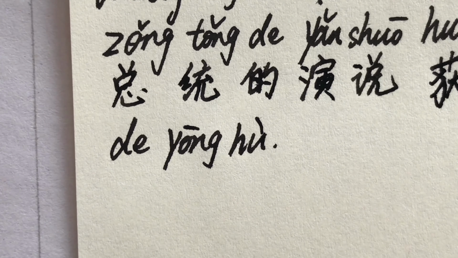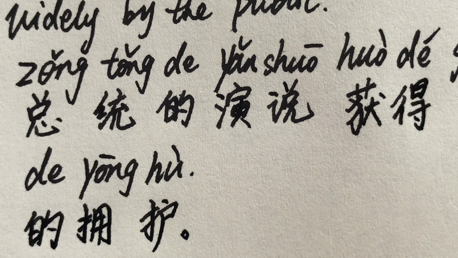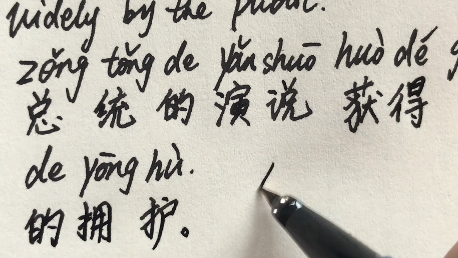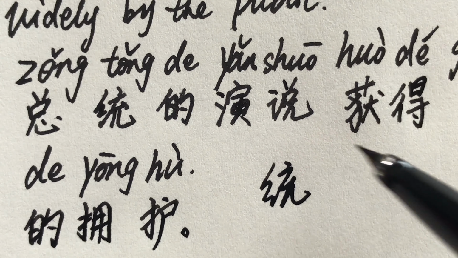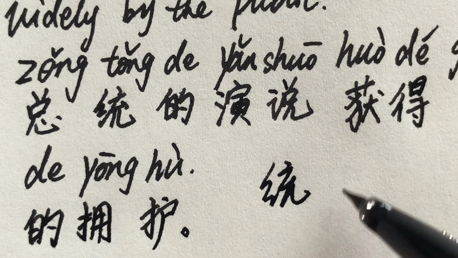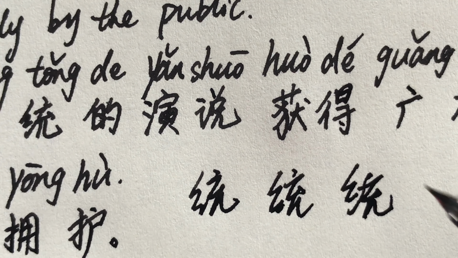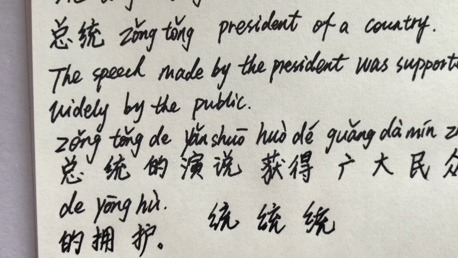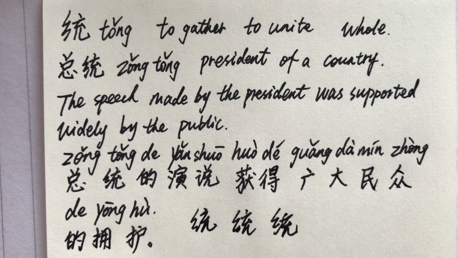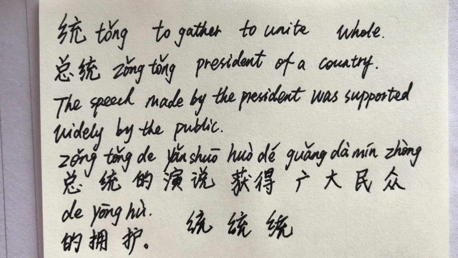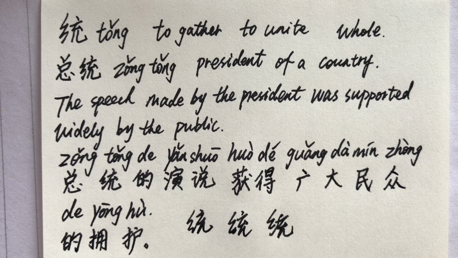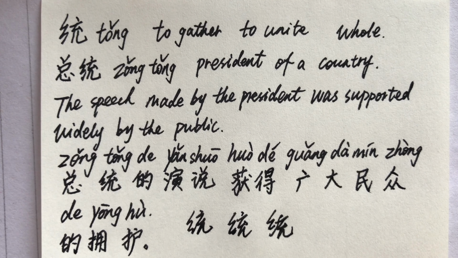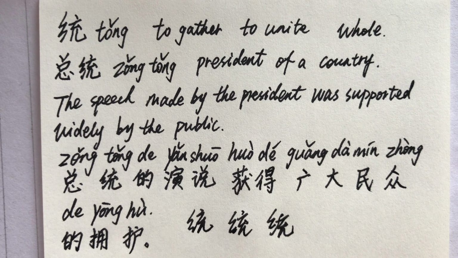My daily handwriting on the character 统. 统, together, to unite, whole. 总统, President of a country.